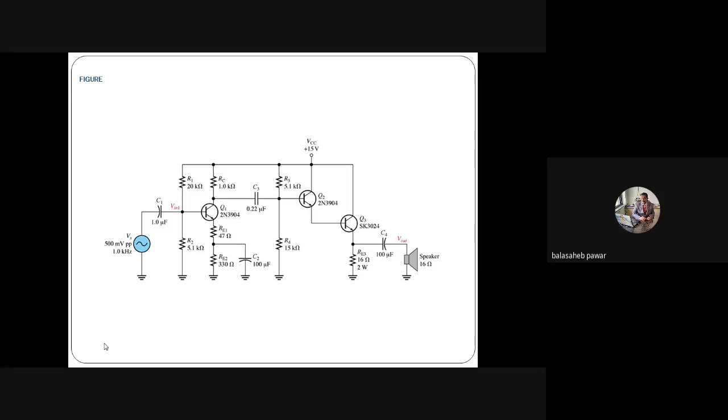For this basic amplifier, the same gain we can set using the OPAMP in its inverting configuration, and the signal which this amplifier cannot process, the OPAMP can process, or below that. The example we took is 100 millivolt, but that OPAMP can easily process it. So we will call that OPAMP a pre-amplifier, and this one a conventional amplifier. Is it okay?